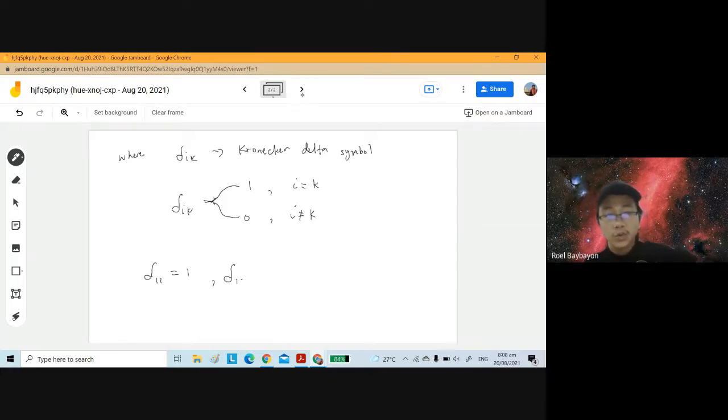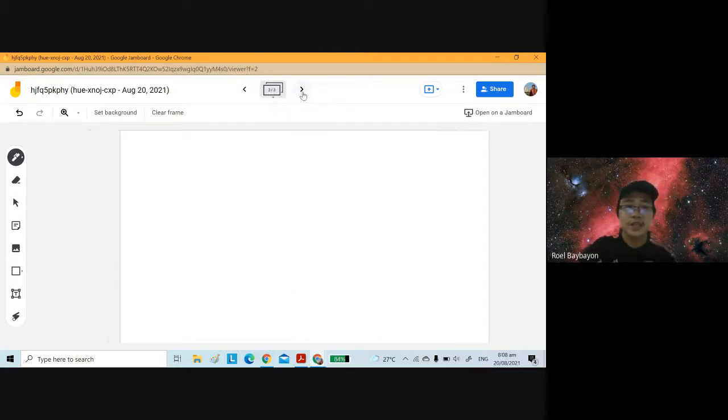Delta 1 2 is equal to 0. Delta 2 3 is also equal to 0. As long as the indices are not the same, the Kronecker delta symbol is equal to 0.